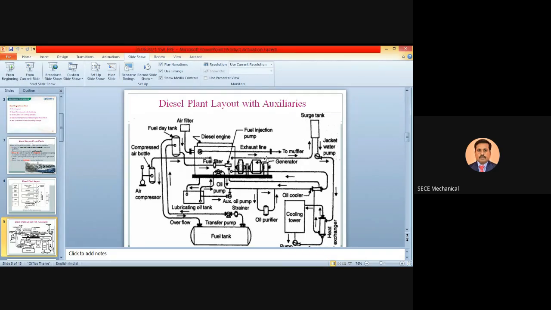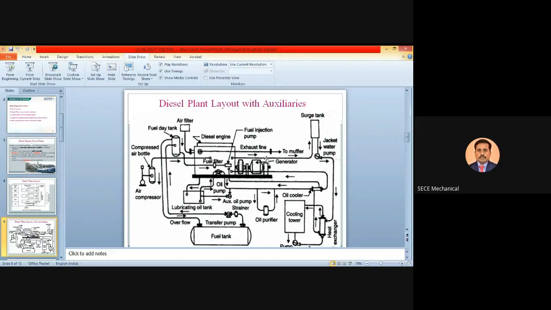Some additional auxiliaries are also needed. I already told, if you want to supply air, an air intake system is required. Clean air should be supplied to your diesel engine, so you need an air compressor device. That is one of the auxiliary devices. With the help of the air compressor device and air resonator device, you can supply the air.